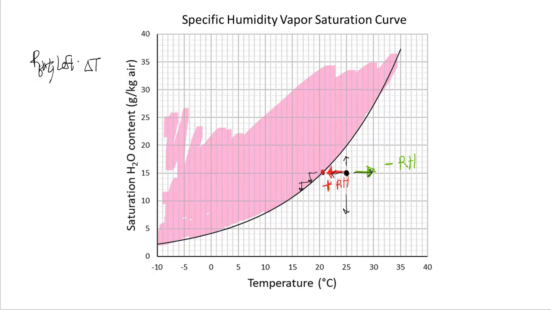And if you can imagine these steps becoming really, really tiny, what actually happens, let's do it in blue here, is that I will actually ride down this saturation curve like this. If there's no barrier to precipitation, I ride down this saturation curve shown on the blue line here.